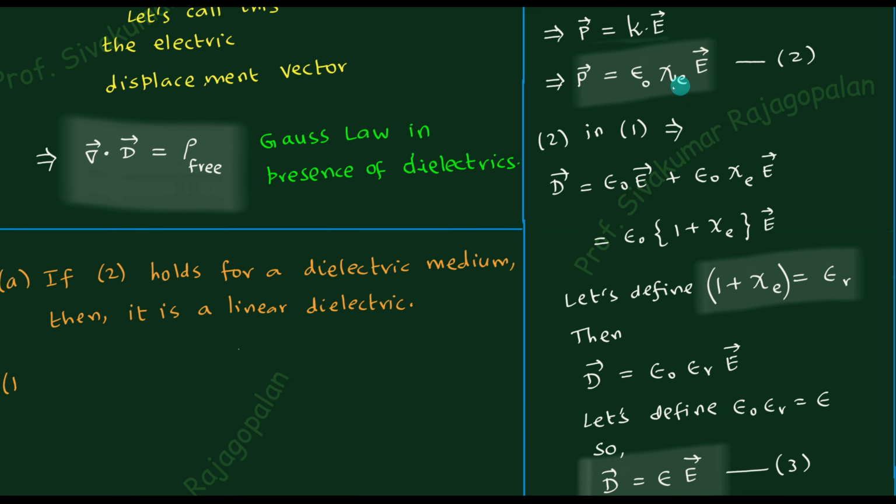Even though three terms are there, only chi E we need to consider for the polarization, because the remaining two are held at fixed values. And therefore, now we can tell what is meant by a homogeneous dielectric material. A homogeneous dielectric material is one in which this quantity chi E is uniform everywhere inside the volume of the material. That's all about it. So I would like to write that down.